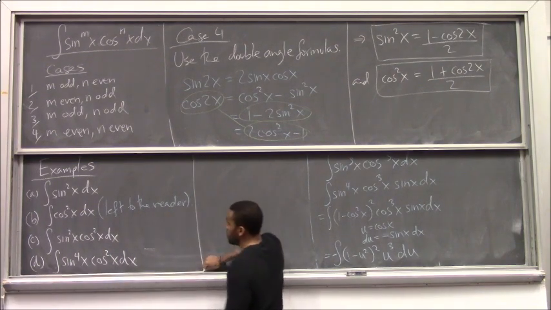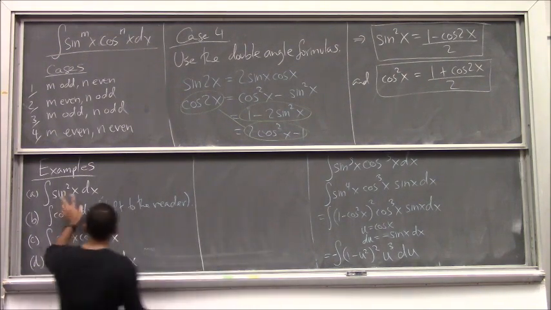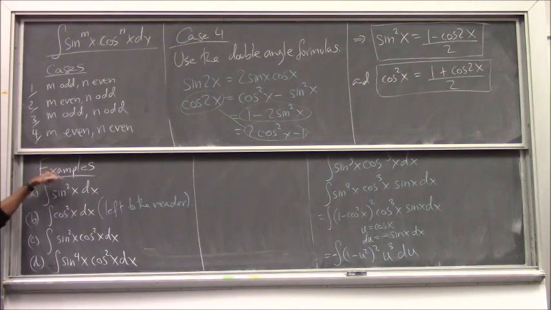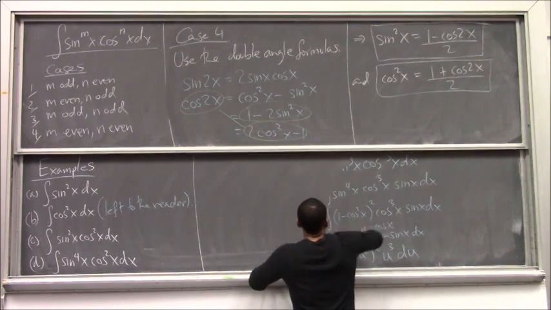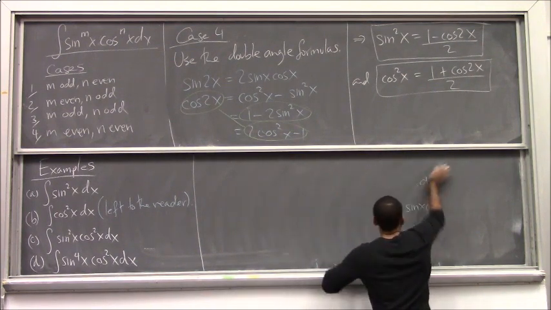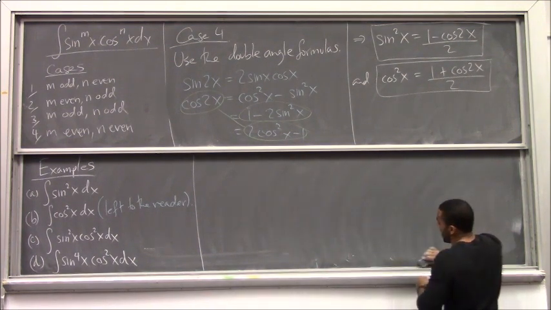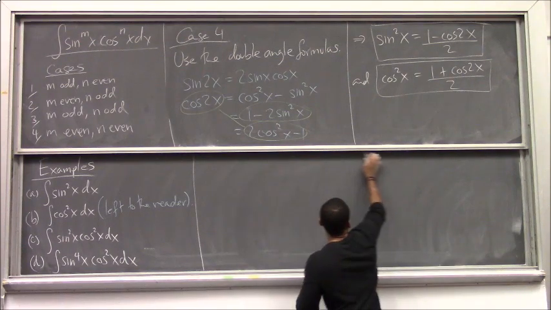Now, of course, here you can think of both as being even powered. Cosine is to the 0th power here, sine is to the 0th power here. But here they're both visible. Now, once you have even powers, and they're both even, you can't save a factor and get something nice.